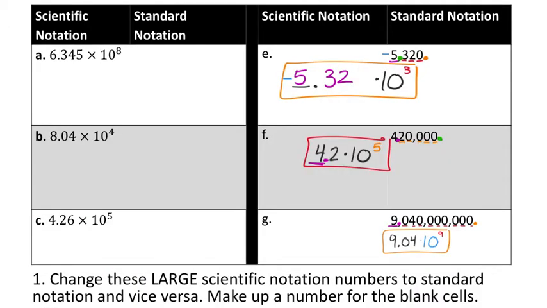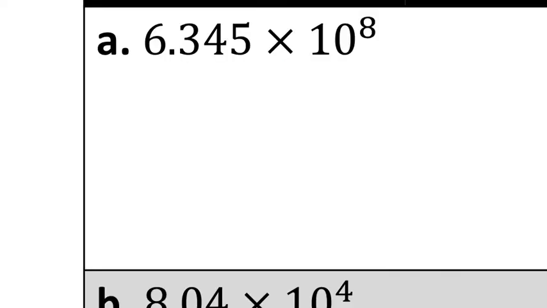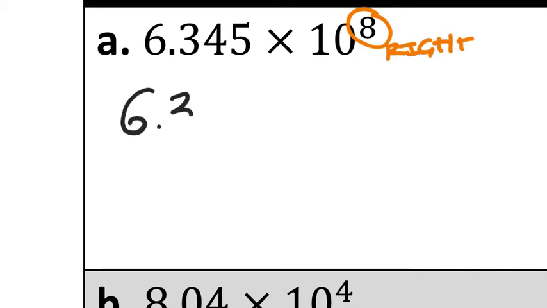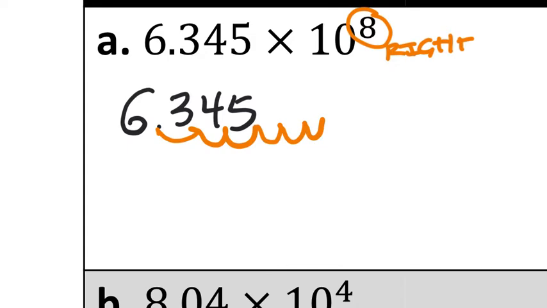Let's do these three here, A, B, and C from that previous table. All right, so once again, here I have a positive 8, so I'm going to be moving the decimal to the right, particularly 8 times. So I look at 6.345, just write the decimal as is, and then I move the decimal to the right 8 times. 1, 2, 3, 4, 5, 6, 7, 8, and again, any empty place values get zeros.